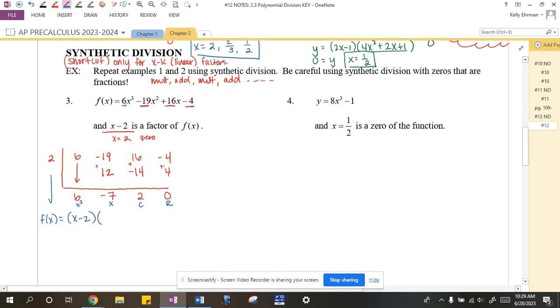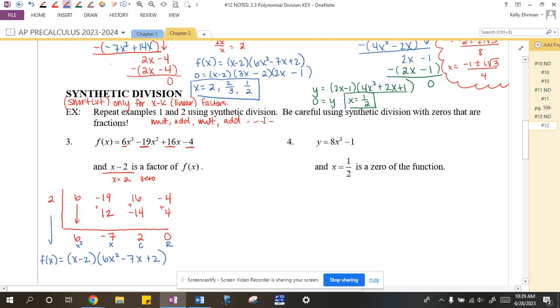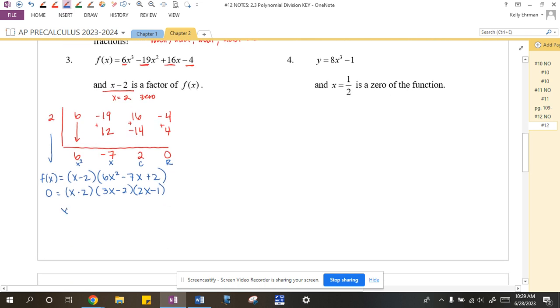If we had more numbers, like a longer list of numbers, again, starting on the far right is the remainder, constant, x, then it just counts up 1 degree each time. So this is showing me that it's 6x squared minus 7x plus 2. And we know from before that setting that equal to 0, the factoring was 3x minus 2 times 2x minus 1. And we get the same set of zeros.